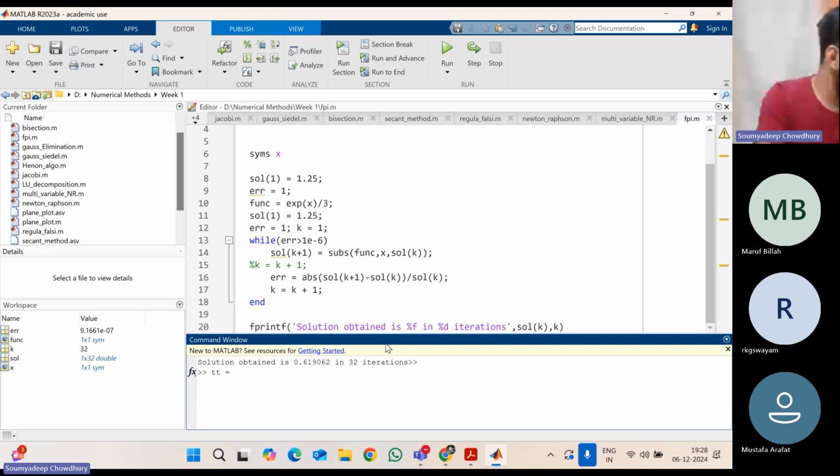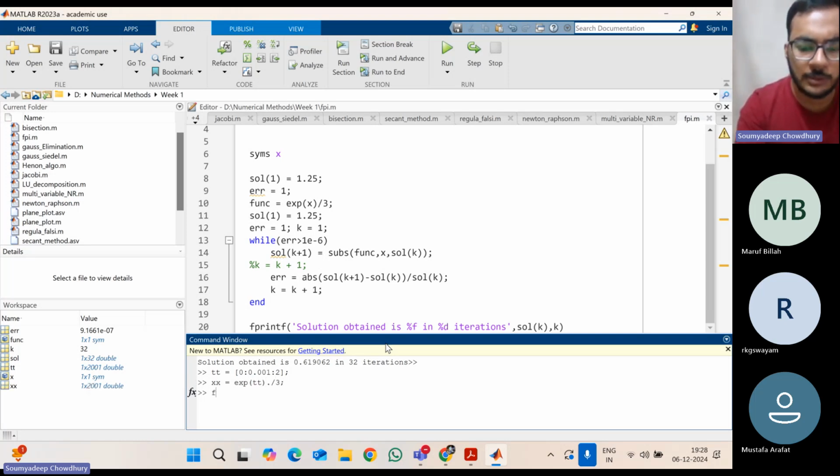So I'll just take t from 0 to 2, and I'll take xx equal to exp of t by 3.